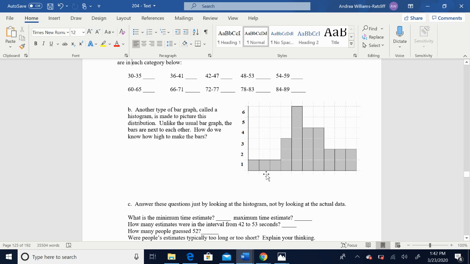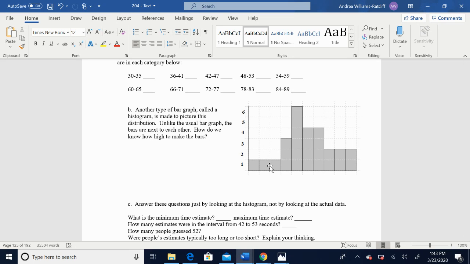Okay, we don't want to share end labels. We wouldn't want to call this 30 to 35 and then this one 35 to 41 because you have a result of 35 that could technically belong in two groups. The trick to labeling this is to always let the boundary between the bars be one decimal place more specific than the results you get.